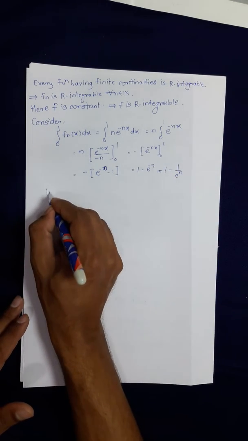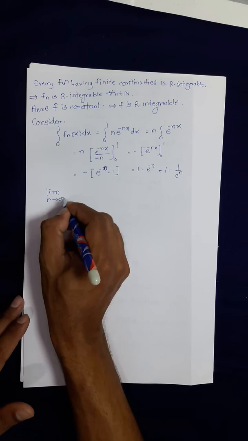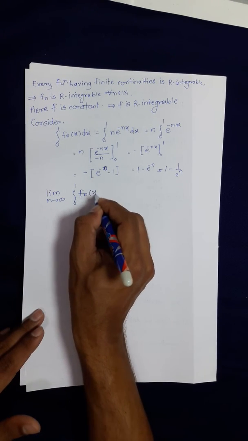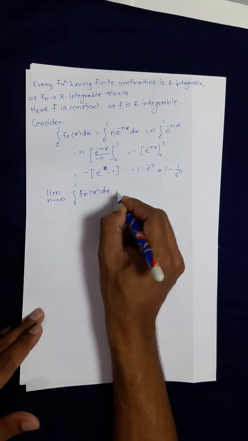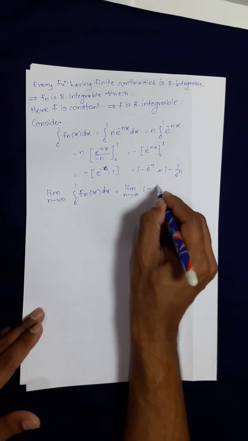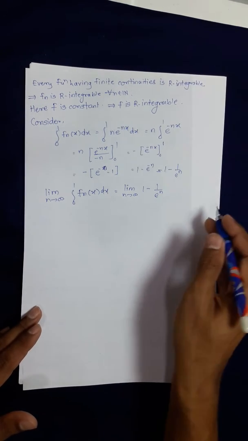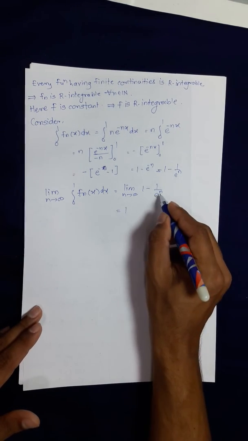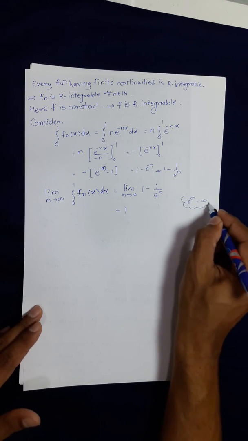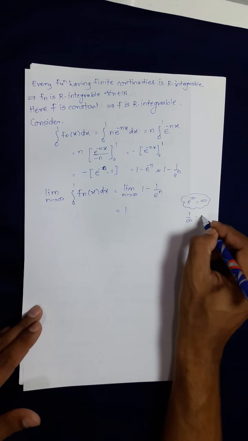If you apply the limit on both sides, 1 is a constant, so it will be the same, and here if you put n to infinity, e raised to infinity is infinity, and 1 upon infinity is 0.